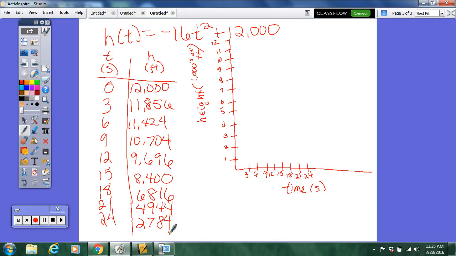If we graph it, of course you're going to have to guess at a lot of these, estimating. So 0, 12. Doesn't fall very fast at first, does he?